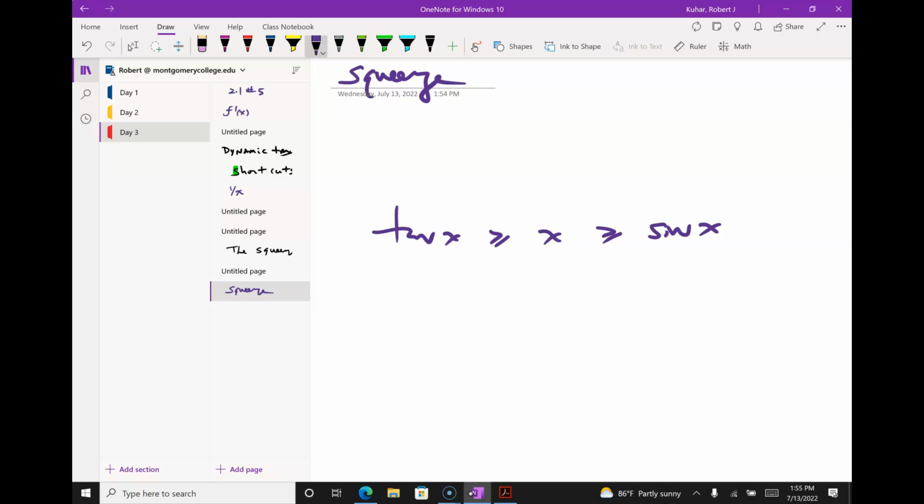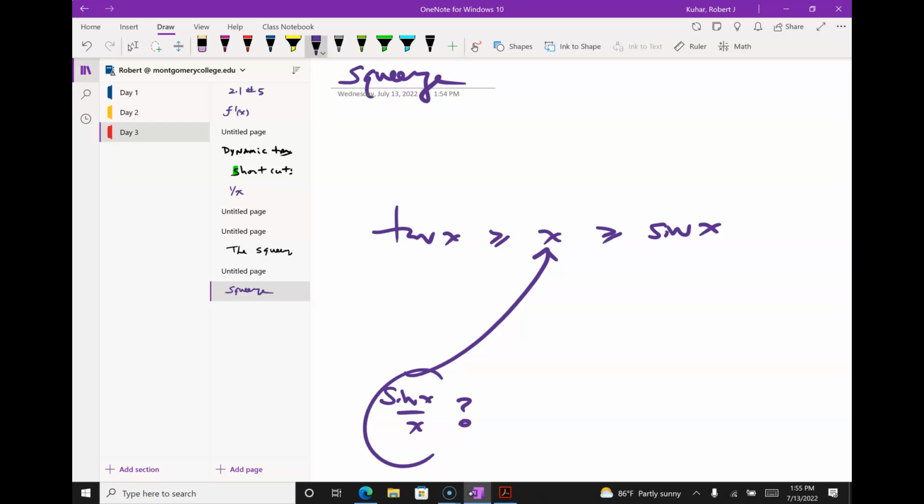You with me? But that's not what I want. Look at what I want. I want sine of x over x. So I want to make that happen with this squeeze. What do you think I can do? I'd like sine of x over x to be there, not the function x.